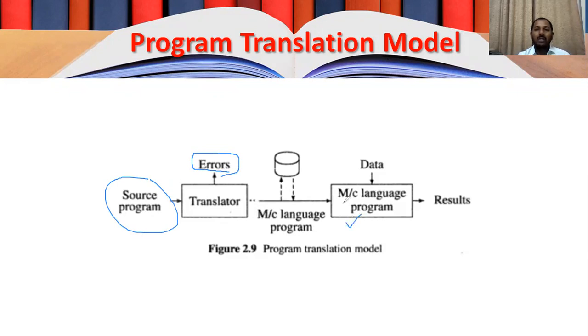When we load this machine language program into the main memory, it will ask for some data. It will take values from the database also. It will take data from the user also. And at last it will produce the result, which we can see on the screen. So this is the program translation model.